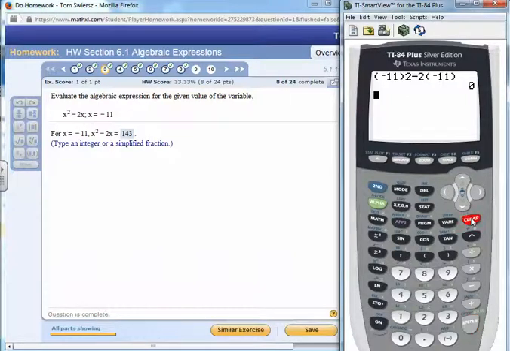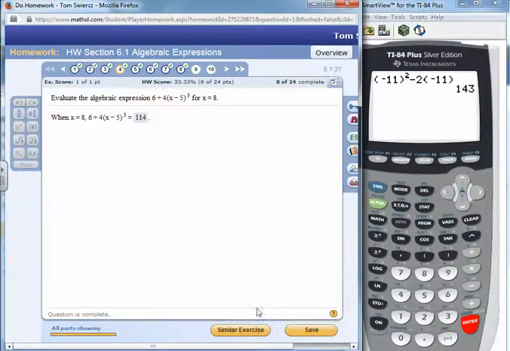Let's try that again. So -11, and now it's x squared. There, that's better. Then minus 2 times -11 in parentheses, and there we go, 143. Same correct answer we got with pencil and paper.